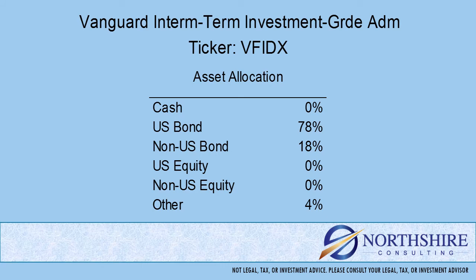History tells us that bonds have produced a lower rate of return, but also with a little bit less risk. The other ratio we want to look at is US versus non-US. As you can see by this portfolio, it's primarily invested in the US. So we want to make sure that fits in with our overall allocation and our complete risk tolerance profile.